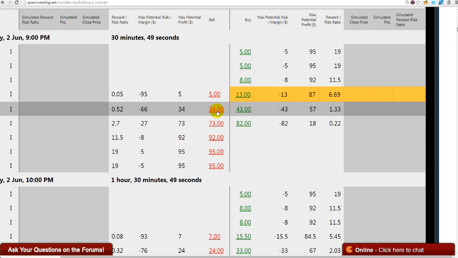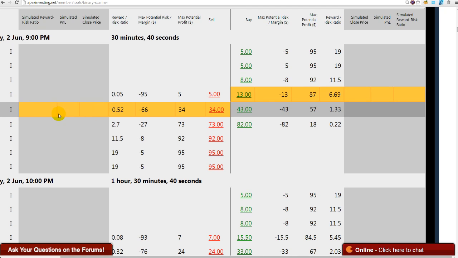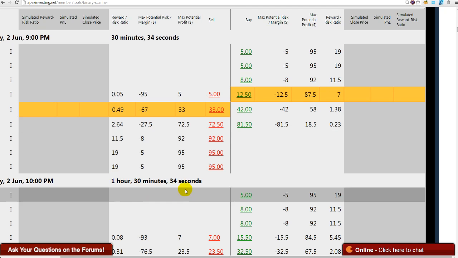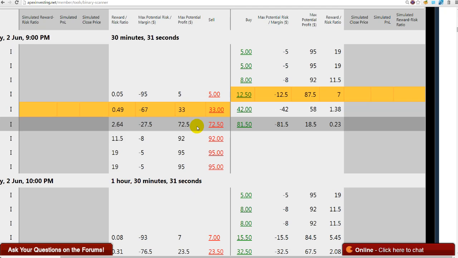So if I sell for 34, I can make 34. Now, what is my max risk if I sell for $34? How much could I lose on a trade? So $66, exactly. If I sold for 33, I could lose 67. Notice how it's actually updating that live for me. It's doing all the math for you.